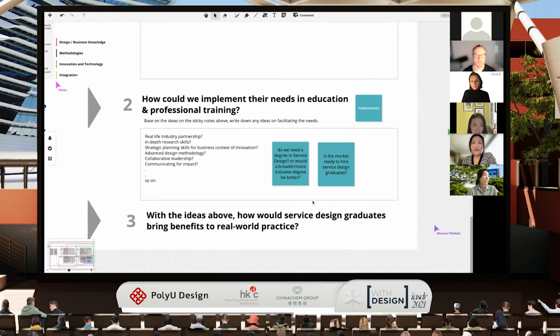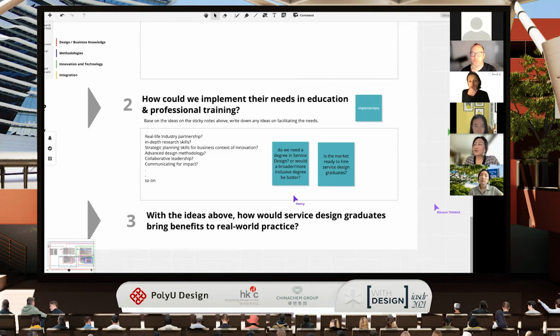Do we need that design for the more inclusive design better? And market ready, I think it's two different questions. Market-wise, it is still very emerging, very new in Hong Kong.